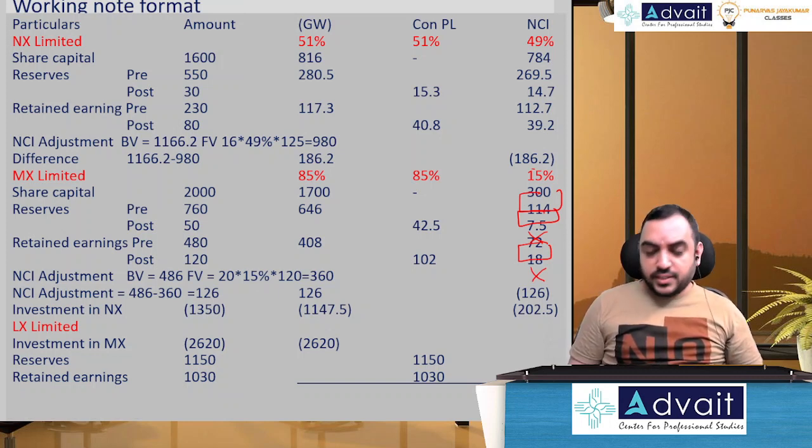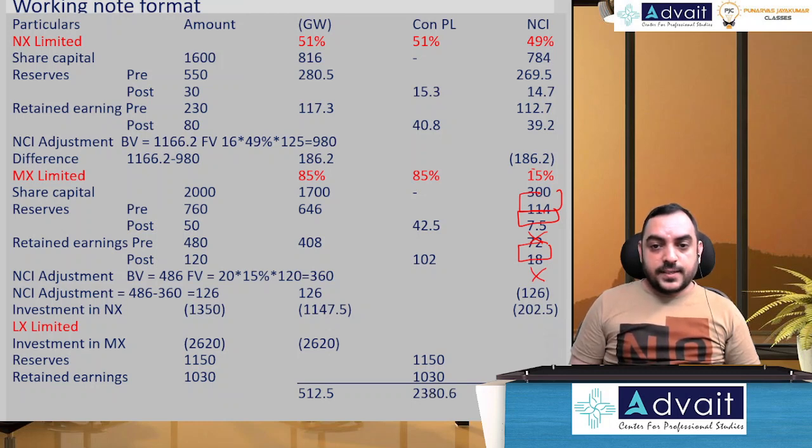Okay, I'll do the total myself. 816, 280.5, 117.3, 186.2, 1700, 646, 408, 126, minus 1147.5, minus 2620. We get 512.5. 15.3, 40.8, 42.5, 102, 1150, 1030, 2380.6.